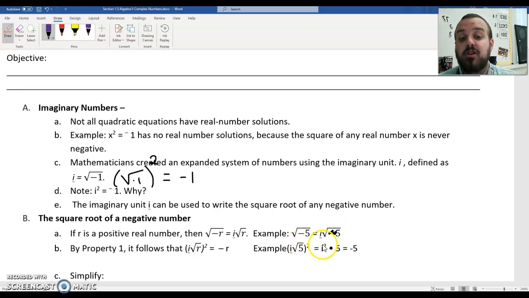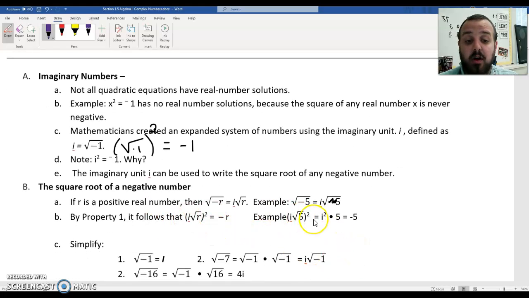It's a typo. But it should be i square root of 5. Okay, so basically we can pull that out to the outside. If I square it by using this property up here, it actually would just be the opposite of whatever's on the inside. So if I had i square root of 5 squared, it would end up being just -5. Okay, so that's how we're going to rewrite all these things.